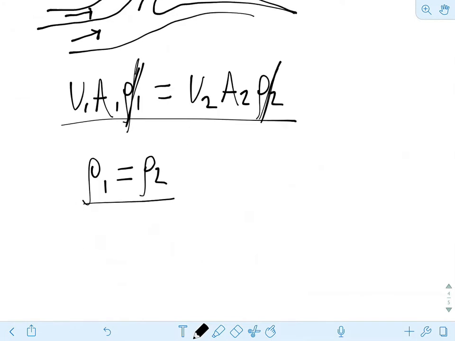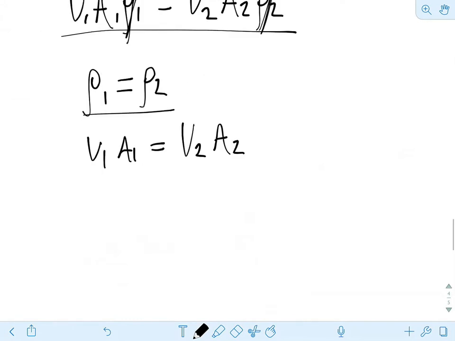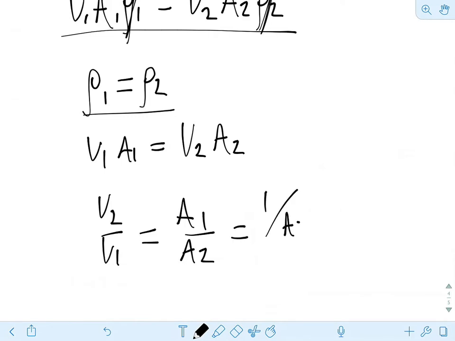And this tells us that V1 A1 equals V2 A2, or that the velocity at the exit divided by the velocity at the inlet is inversely related to the area at the exit over the area at the inlet.